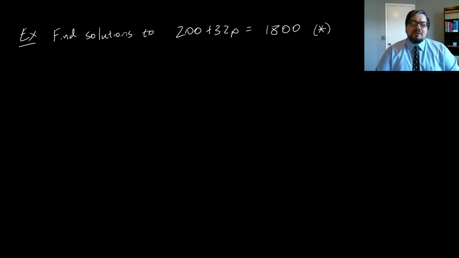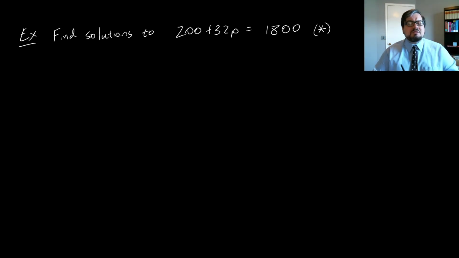Now, I'm going to use the theorem to change this equation. I want to add or subtract something from both sides of the equation in order to give me a new one, which is simpler.